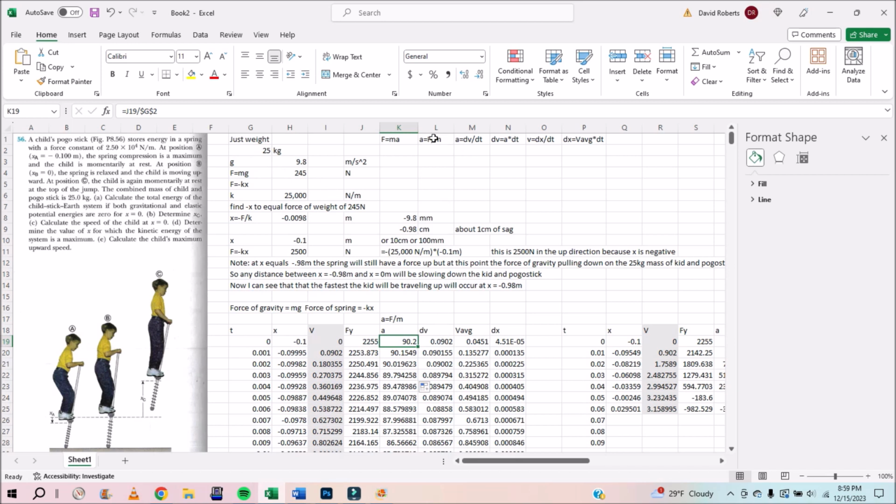Okay, so this is the fundamentals of doing any physics. You're always trying to find acceleration. So what you should do is write the definition of acceleration. Acceleration is change in velocity divided by change in time, or change in velocity per change in time. So just write A is equal to dv over dt.